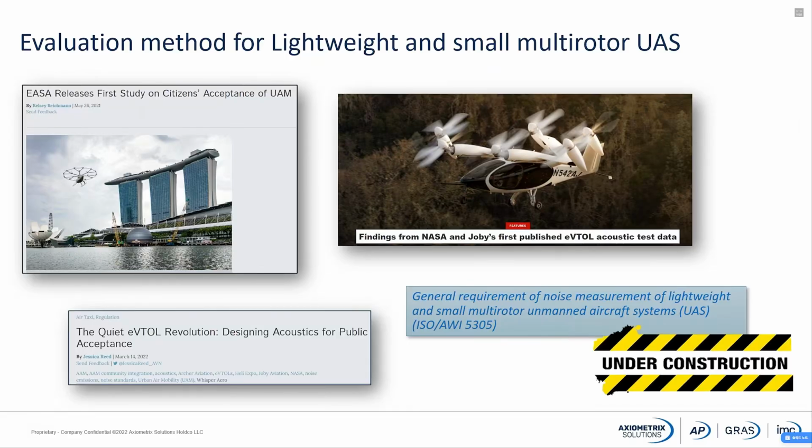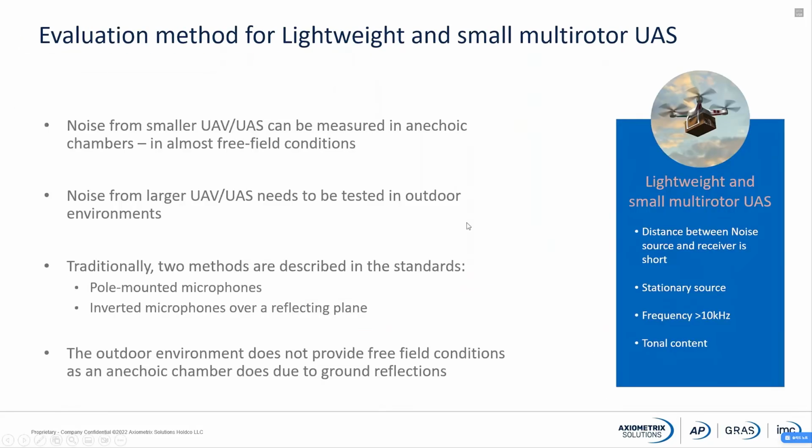Of course, we have seen that the way we were doing the testing for jet airplanes and for propeller-driven aircraft is not really going to work, because as you can see here, these are the characteristics of the noise. The distance is short. It is a stationary source, which means that we can't really use the 1.2 meter because of the reflections.